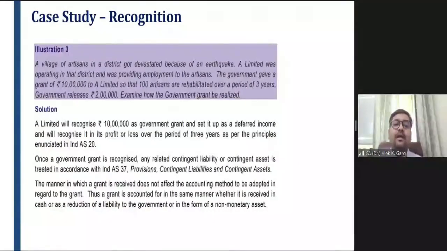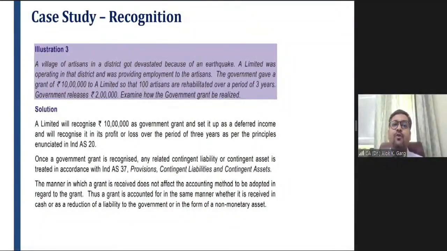Illustration number 3. A village of artisans. You know what is meant by artisans? Artisans are those persons who are engaged in the manufacturing of handmade articles. A village of artisans in a district got devastated because of an earthquake.